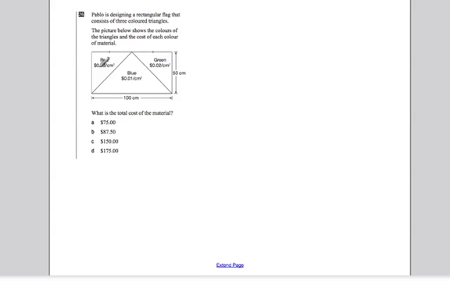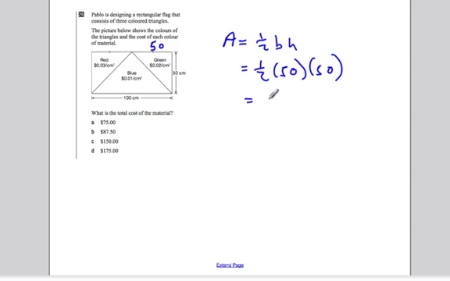What you have to do is figure out the area of each triangle, and so this is going to be 50 by 50, and the area is 1/2 base times height, and so to be 1/2 of 50 times 50, which is equal to 2,500 times 1/2, which is 1,250 centimeters squared. All right, so that's for the area of the green.